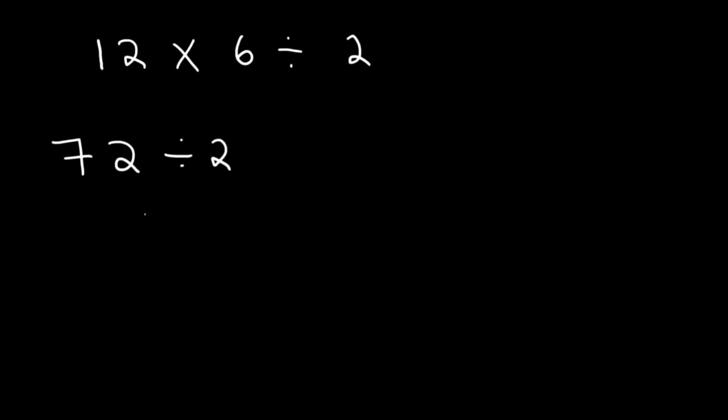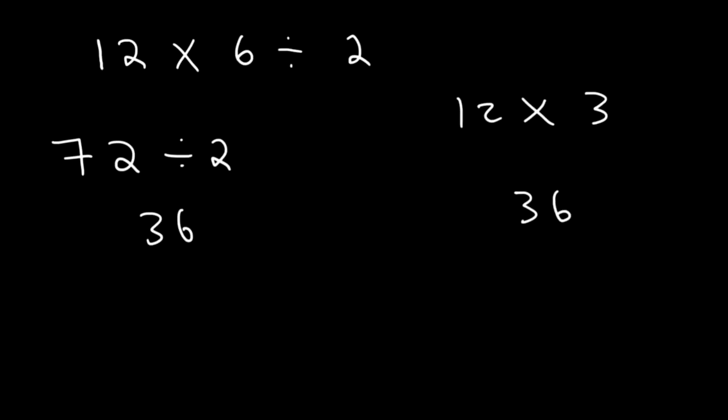Now what if it's the other way around? What if multiplication comes first before division, like in this example? Does the order matter? Well, let's do it both ways. 12 times 6 is 72, and 72 divided by 2 is 36. Or, if we divide first, 6 divided by 2 is 3. 12 times 3 is 36.